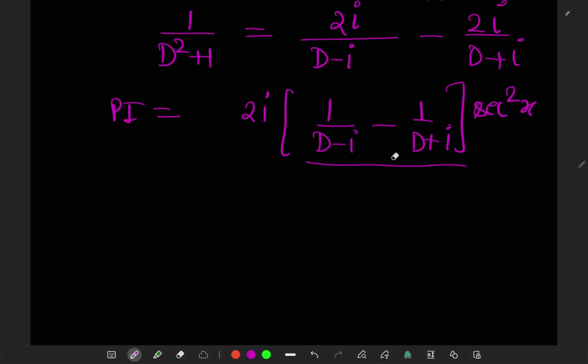Now this condition is similar for like that.